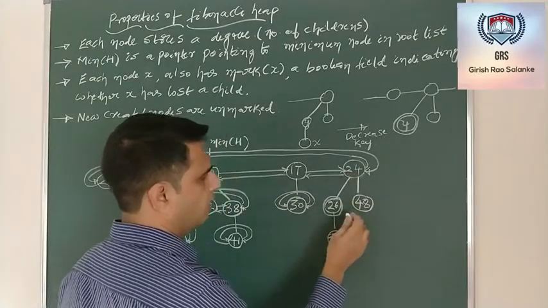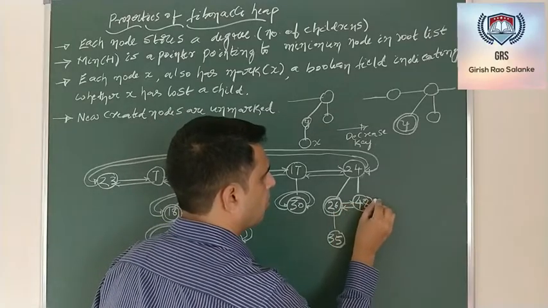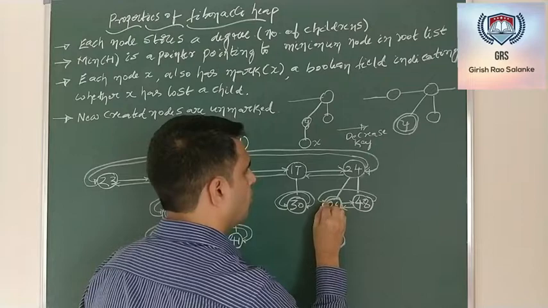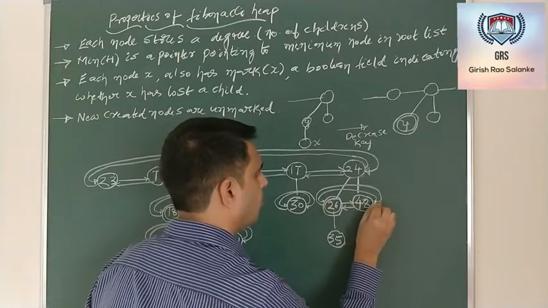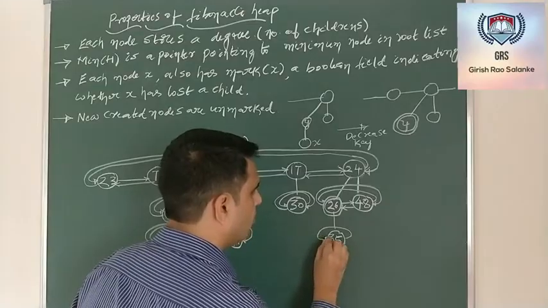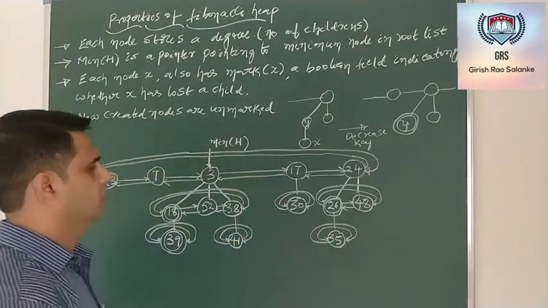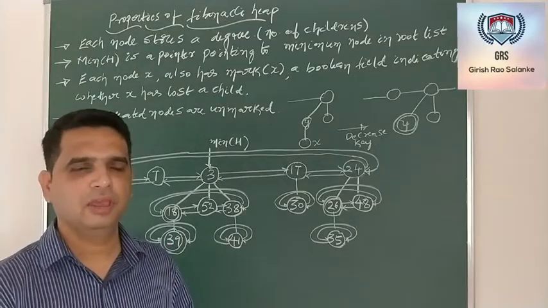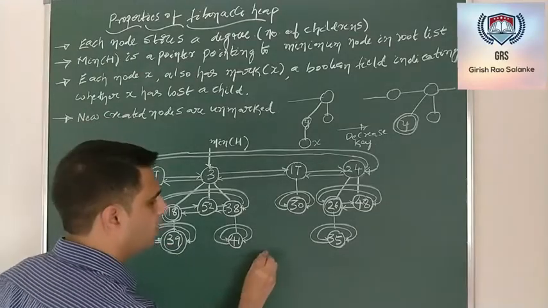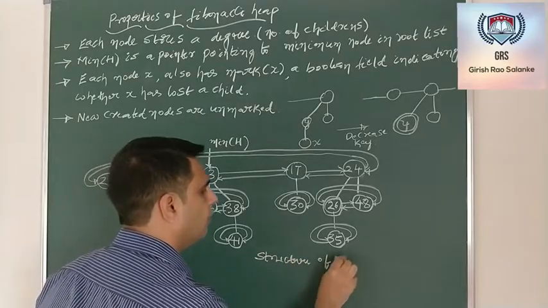Node 24 has 2 children. And node 26 has one child. This is how a Fibonacci heap is represented. Let me call this the structure of a Fibonacci heap.